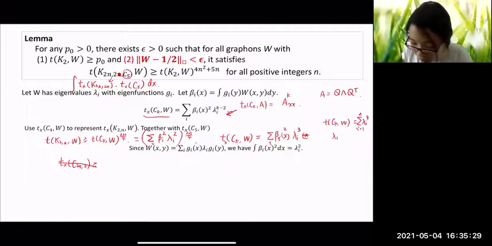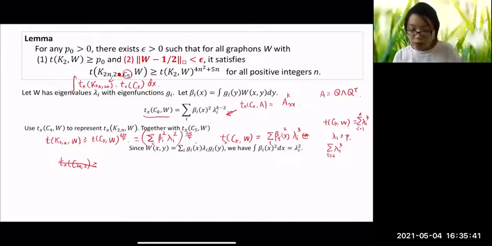Also lambda 1 is at least the edge degree in this graph. Therefore, for the smaller eigenvalues, their 4th powers add up to at most epsilon, because here we are in the local case, so we know the C4 count is at most epsilon from what we expect.